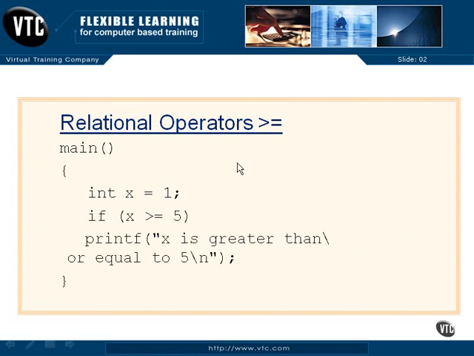We can combine operators. This one is a greater than or equal to relational operator. If x is greater than or equal to 5, printf x is greater than or equal to 5. Now I threw a little extra in here that we'll see later on, but not in a whole lot of detail. It's just a nice little piece that is good to know about in the preprocessor.